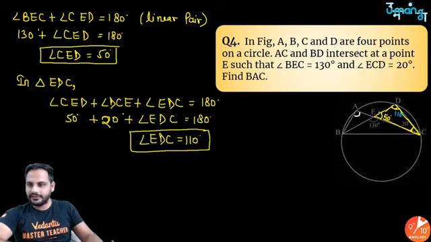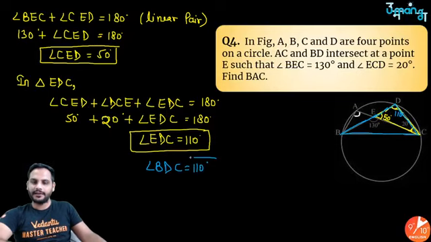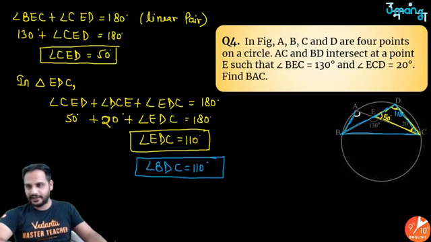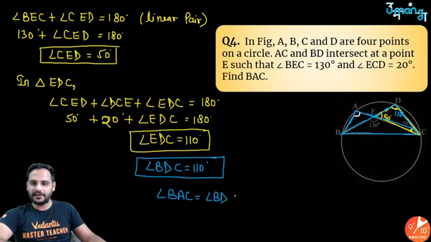So if angle EDC is 110 degrees, the same is the value of angle BDC also, right? I can say, sir, angle BDC is equal to 110 degrees. Now, if I want to get the value of angle BAC, I can say for sure that angle BAC is equal to angle BDC.